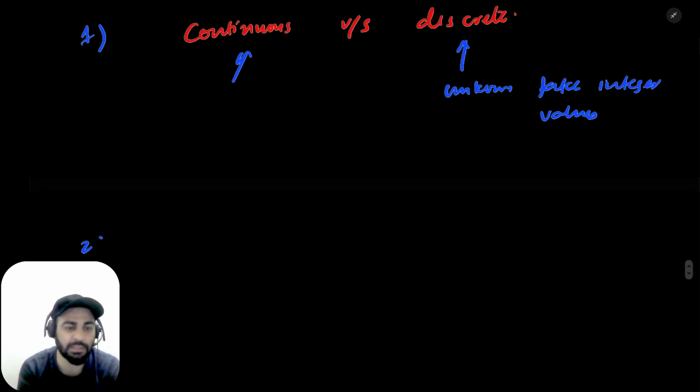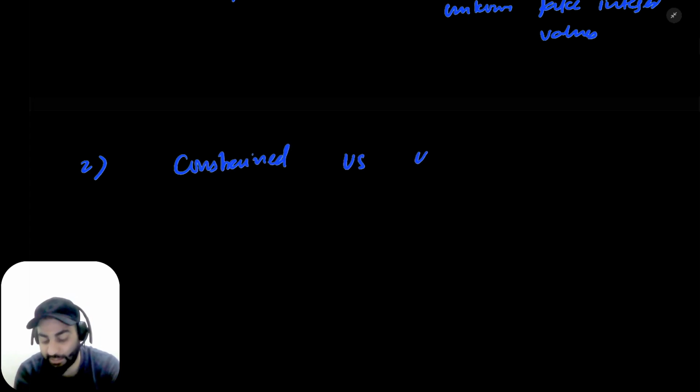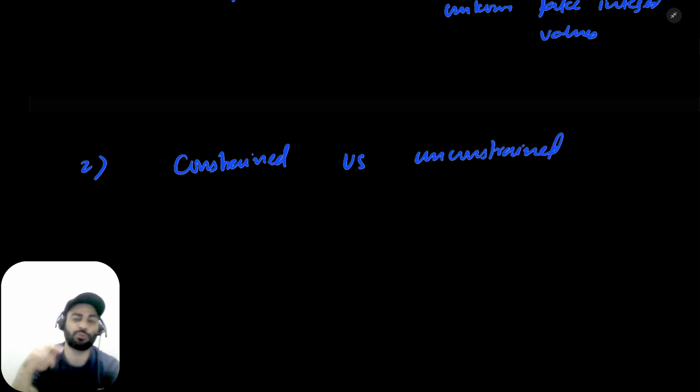The second thing that we have is constrained versus unconstrained optimization. You saw that we are putting constraints, and sometimes we will not put these constraints. Sometimes the problem will be solved without constraints, where I just want to minimize without any constraints.